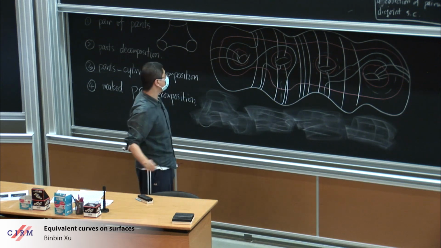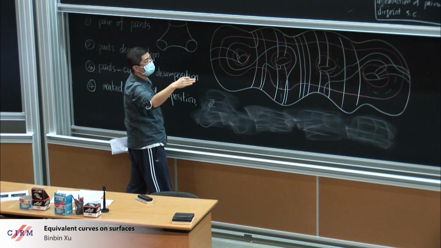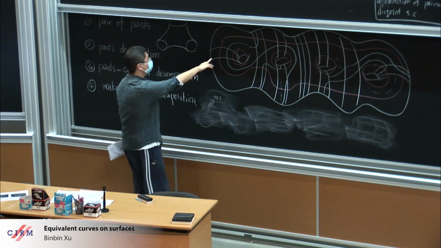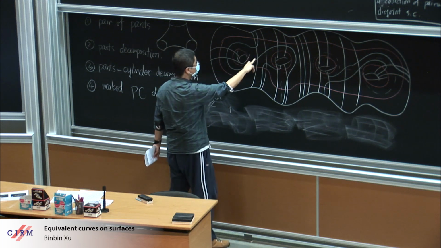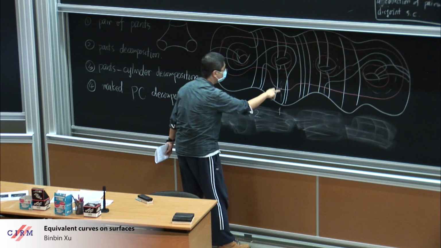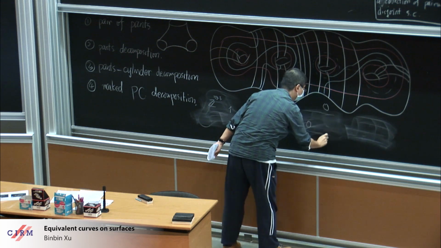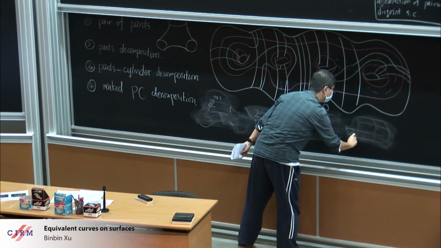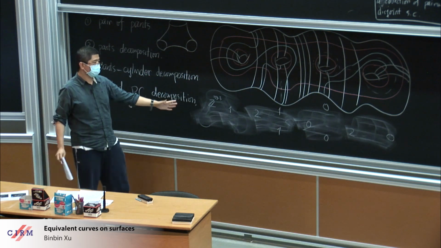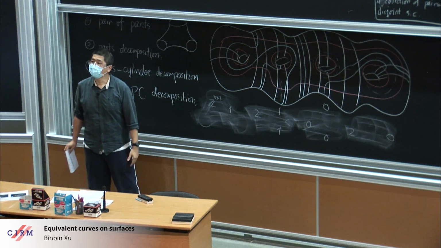So for the intersection part, there are 3g minus 3 pants curves. Here I get 1, here I get 2, and up here I get 1, and then below I get 1, 2, and this is 0 by our convention. So this is 2, and this is 0. So this number tells us the intersection between the curve we consider, the multi-curve, with this pants decomposition.